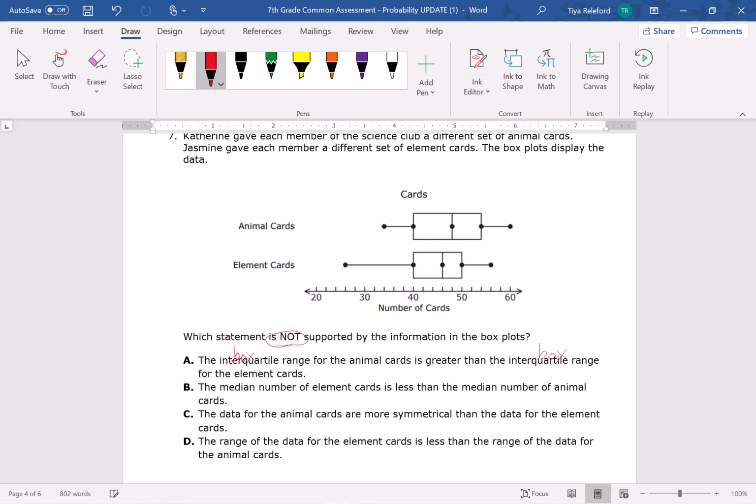So animal cards, interquartile range. We are looking only at the box. Highest number in the box, 54, minus the lowest number in the box, 40.